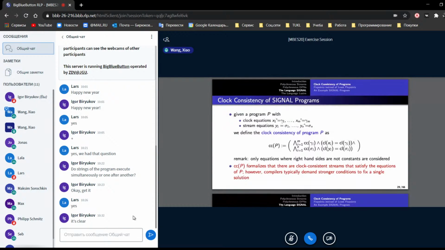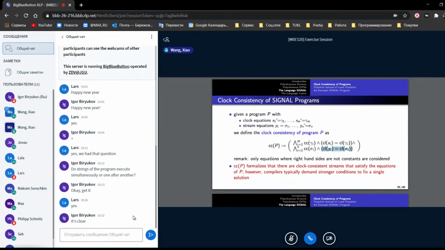And as you can see here, we also need to consider the equality here as an arithmetic operator, like we did here.